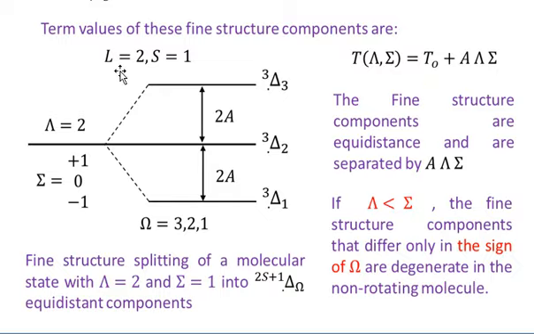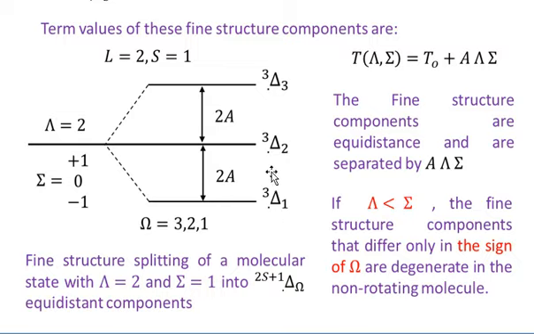You know that we were discussing a case of capital L equal to 2, capital S equal to 1. Out of many possible values, I took capital lambda equal to 2, and sigma was equal to plus 1, 0 and minus 1. According to these, there will be three states: 3 delta 3, 3 delta 2, 3 delta 1.